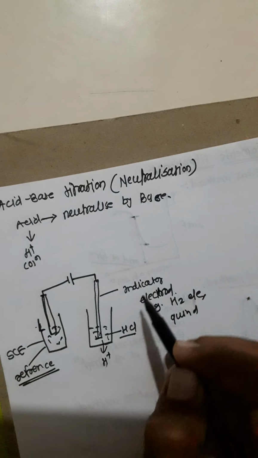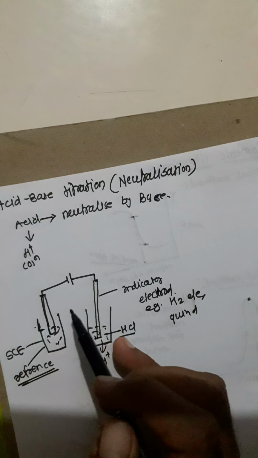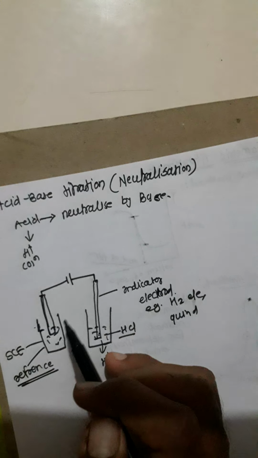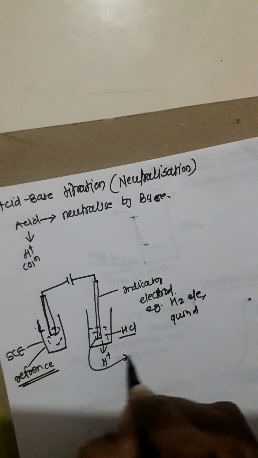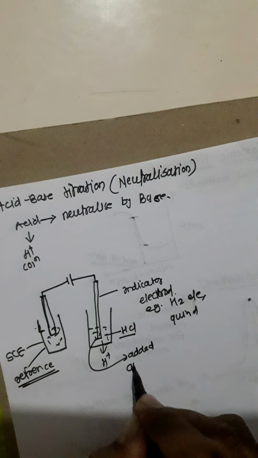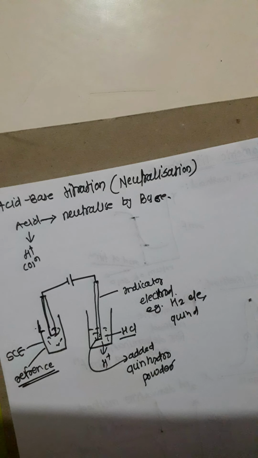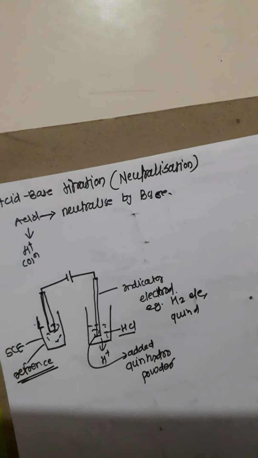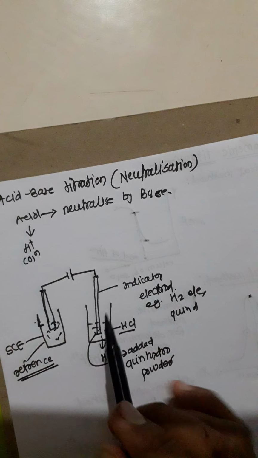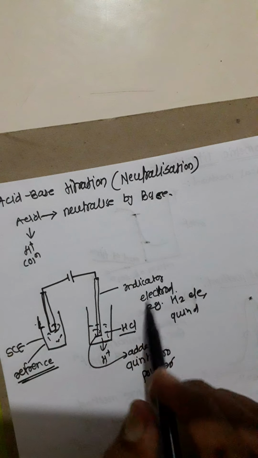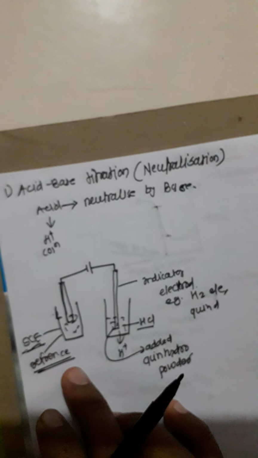Add a pinch of quinhydrone powder to this HCl solution. Dip any indicator electrode, for example the hydrogen electrode or quinhydrone electrode, and this electrode is coupled with another electrode called the saturated calomel electrode, or reference electrode.